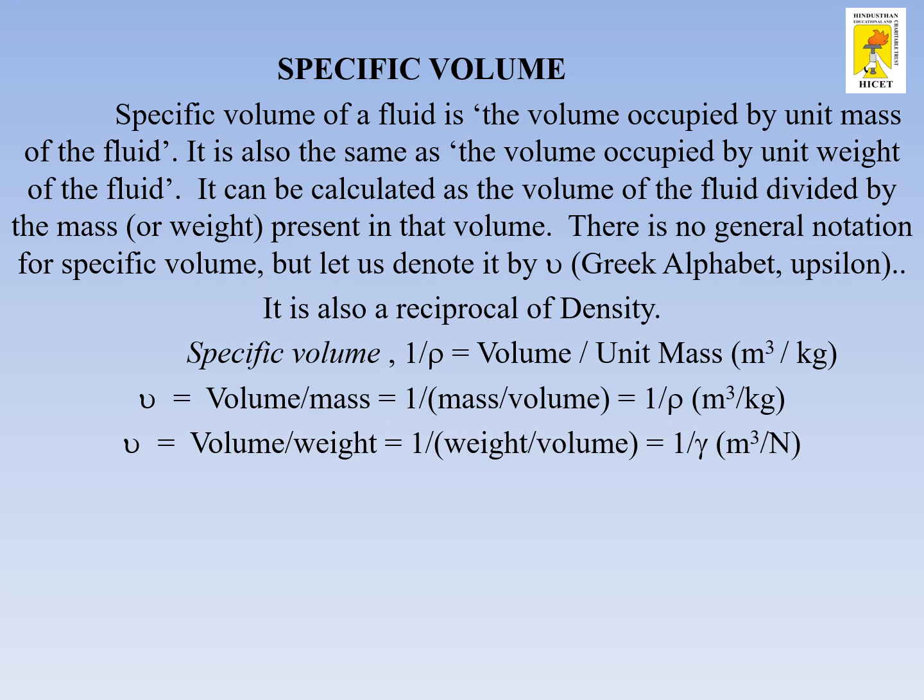There is no general notation for specific volume, but we denote it by a Greek alphabet. It is also called the reciprocal of density. So specific volume is equal to the reciprocal of density, so the formula is volume per unit mass. The SI unit of specific volume is meter cube per kg.